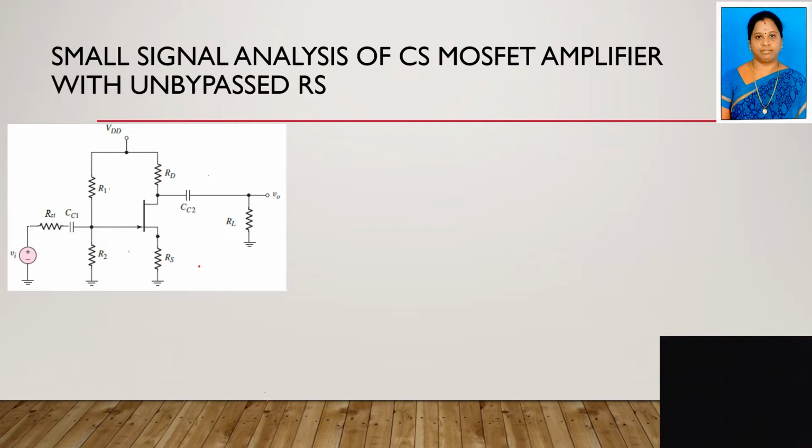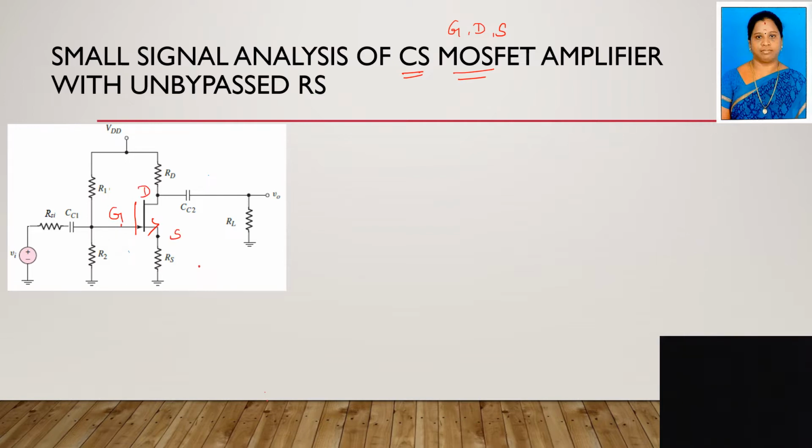Okay, so here first of all we have to know what is common source, right? Why it is called as common source MOSFET amplifier. Actually, the MOSFET has three terminals. So this is your MOSFET. Here we have gate, here it is the drain, and this is your source terminal.